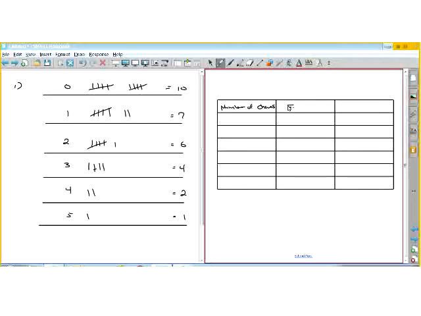This is the frequency, and this is the relative frequency. So here, the first column is just the numbers 0, 1, 2, 3, 4, 5. So we have 6 choices, including 0. The frequency of these numbers is 10, 7, 6, 4, 2, and 1, which add up to 30.